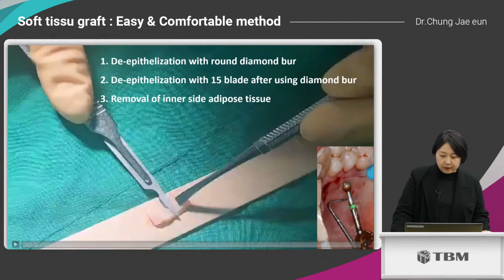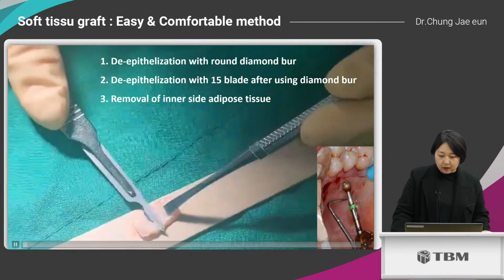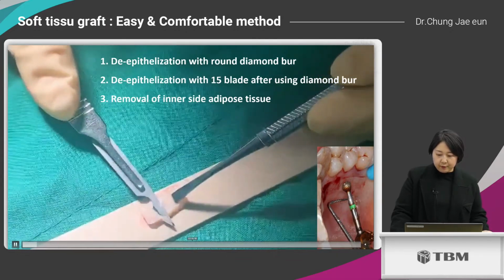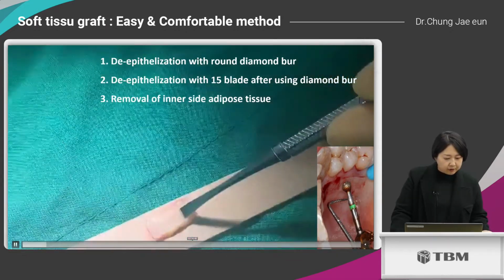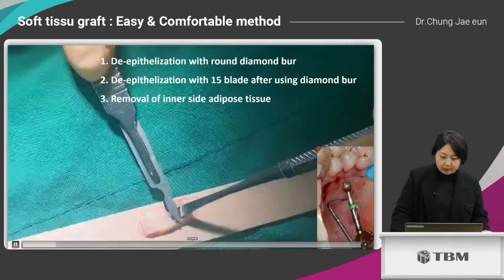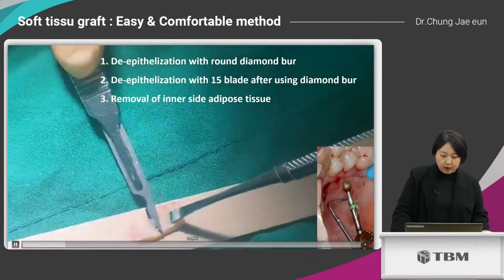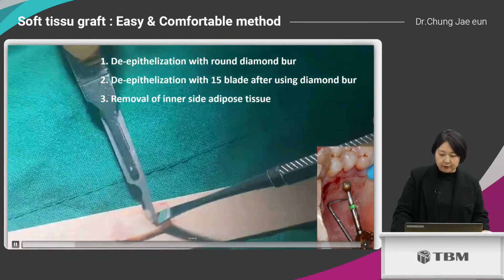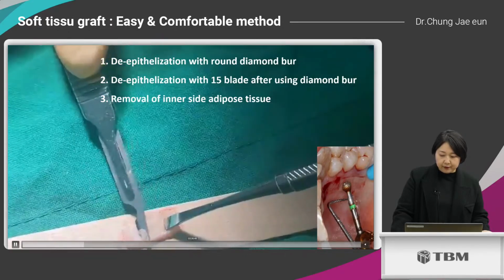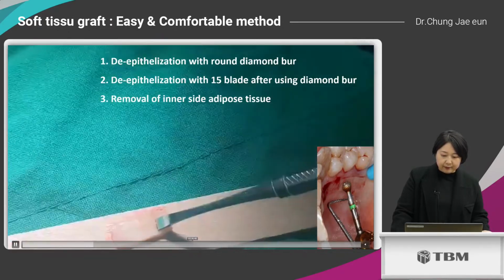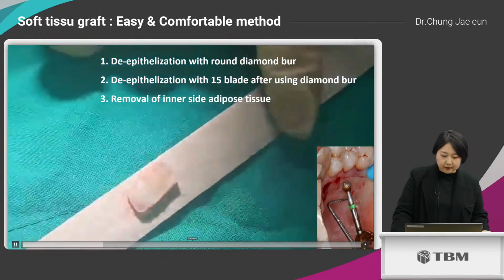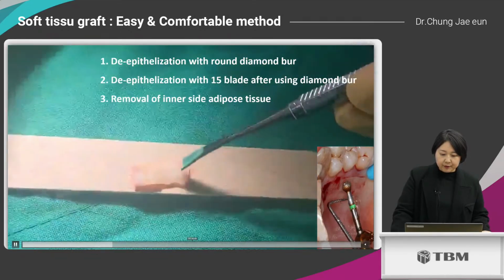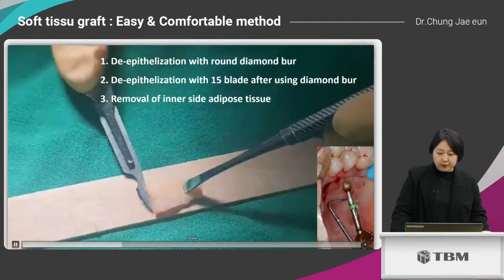This is a video of removing epithelium from the graft. I usually use a number 15C blade. To harvest DGG, we have to get a free gingival graft first, and then we have to remove the epithelial part. I usually remove the epithelial part in 2 stages.